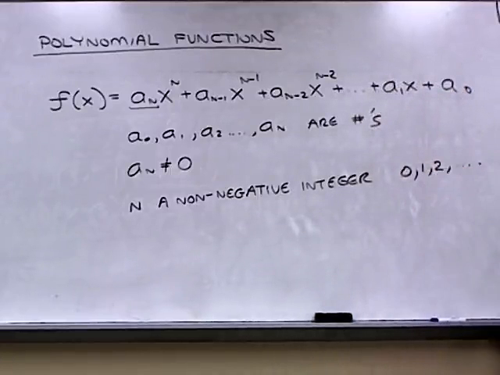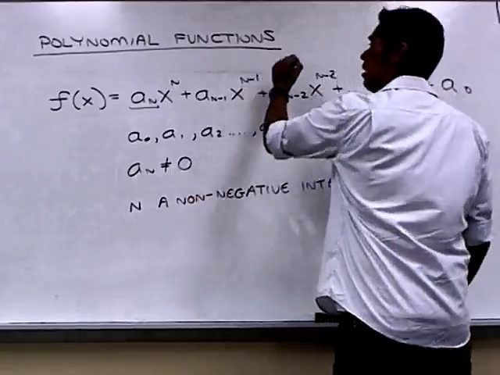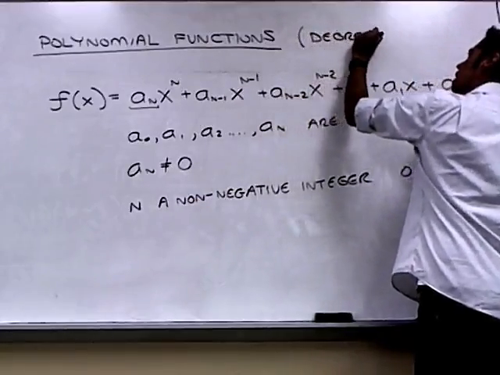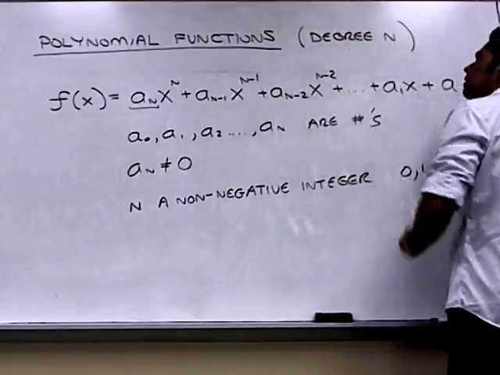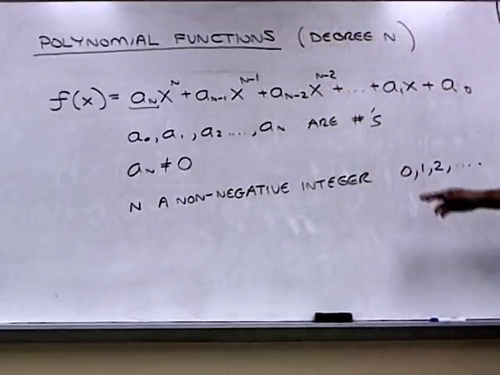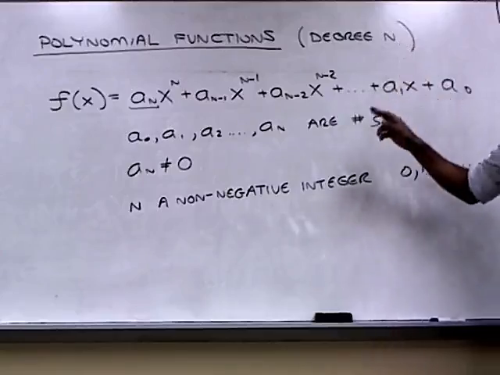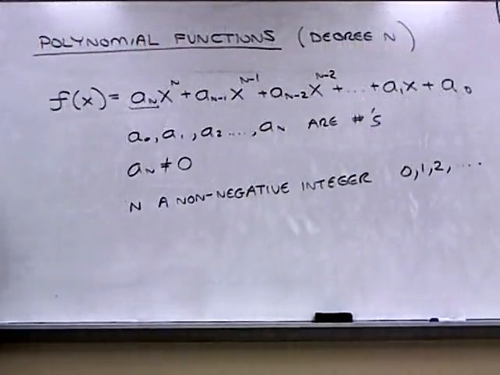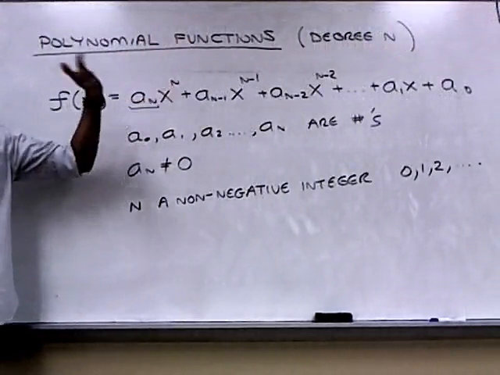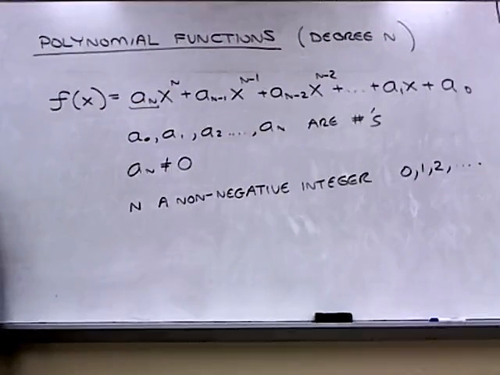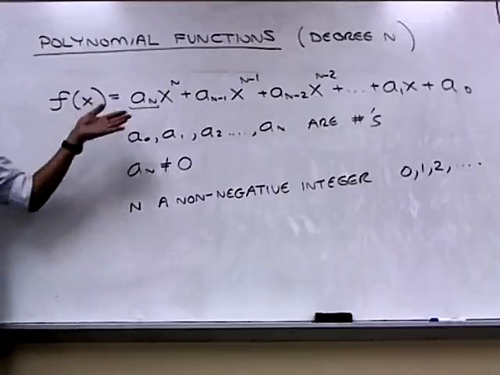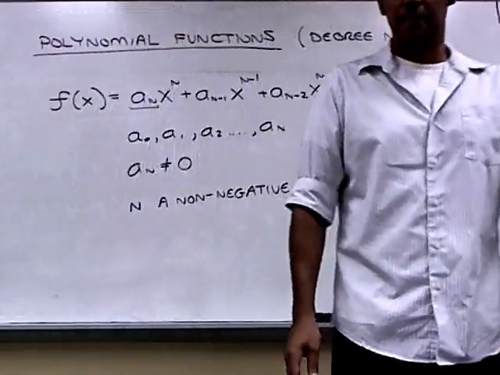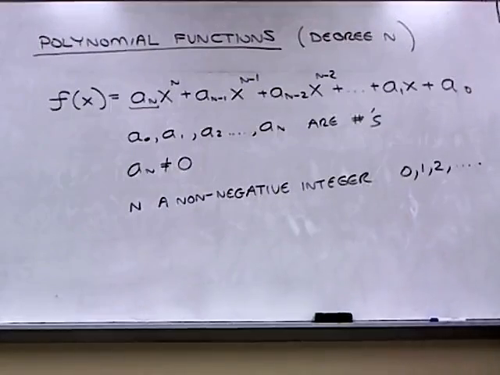And the degree of this polynomial function is n. The degree of the polynomial is the highest power of x that appears. So that n is the highest power that would appear there. You following me? It's a very complicated way of stating what a polynomial function is.